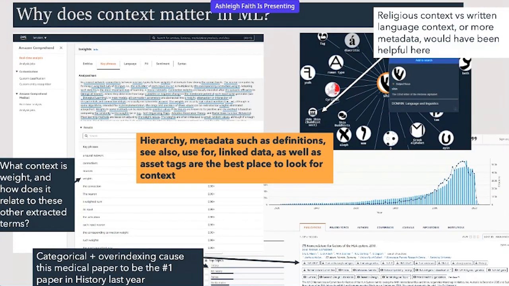So here's a good example. I was using AWS Comprehend to extract some information from full text that I had in academic research articles. Now you'll see here, weights is one of the things that was pulled out. But weight has a ton of different contexts.